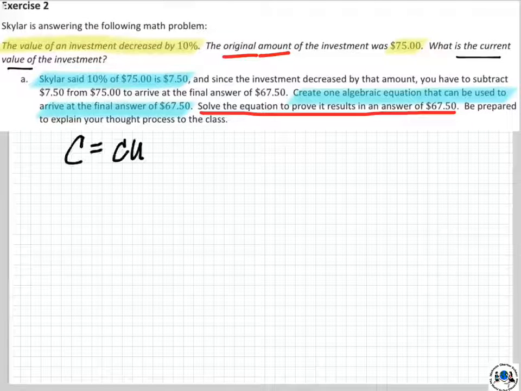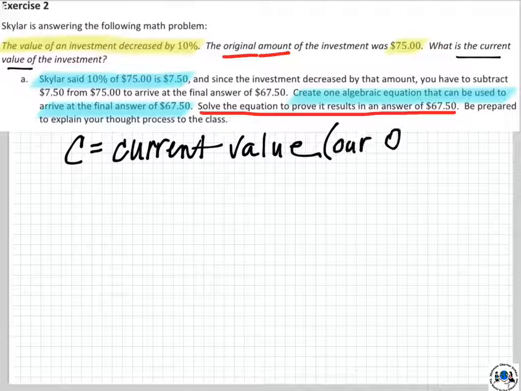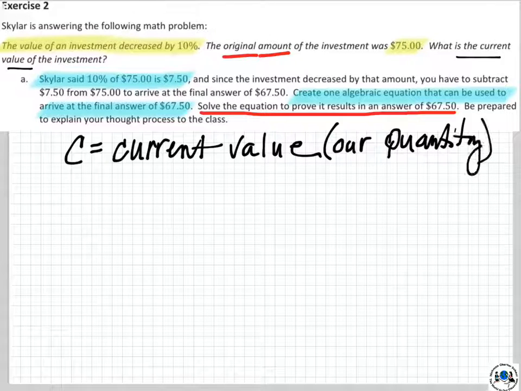Okay, so welcome back. Now, I am going to use another letter here. I want to use C as the current value. And that current value is now our quantity. That's more or less our Q right now.